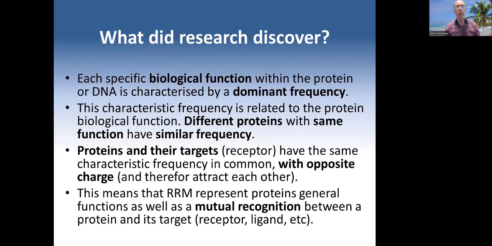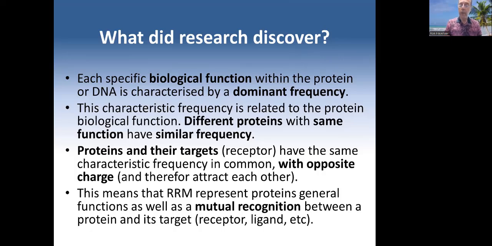So what did they discover? They discovered that every protein has a dominant frequency. It's not the molecular weight, but it is calculated on the basis of the frequency of the protein itself. How do they do that?